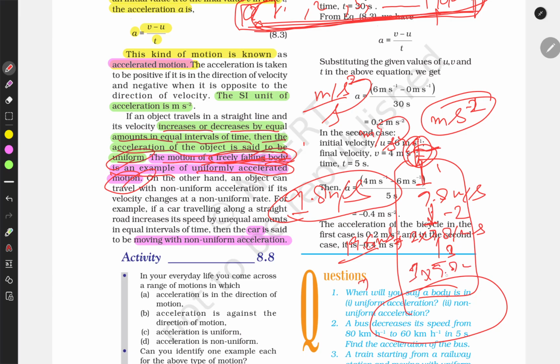After 3 seconds it will be 3 into 9.8 meters per second, so just add 9.8 more, which gives 29.4 meters per second. So what is happening in the free fall?